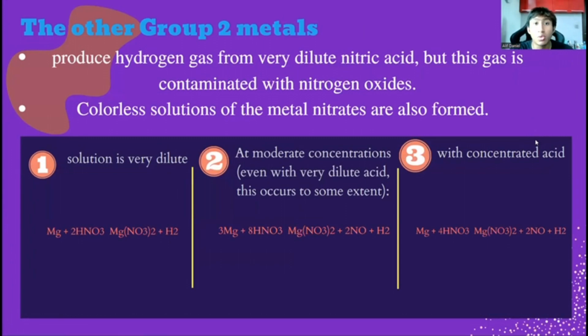For the other metals in group 2, hydrogen gas will be produced from a very dilute nitric acid, but this gas will be contaminated with nitrogen oxides. It depends on the concentration of the nitric acid. Colorless solutions of the metal nitrates will also be formed.